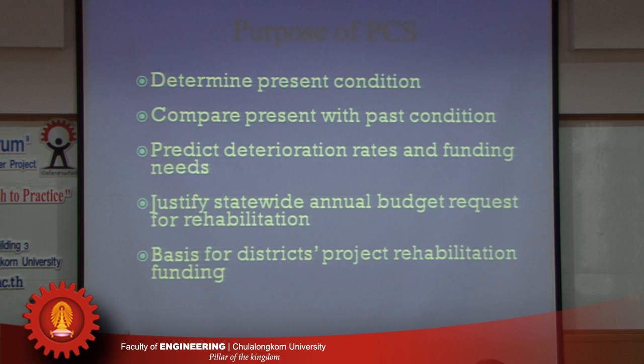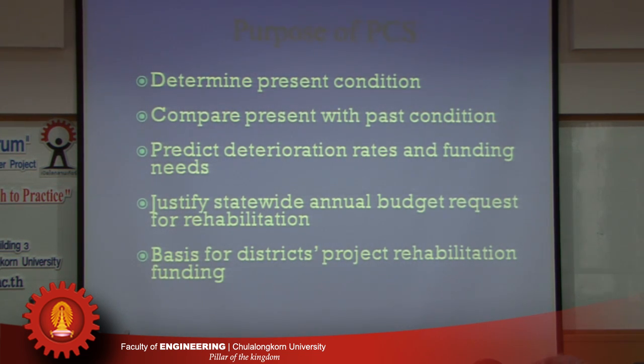The purpose of PCS is so that we know the present condition of the pavement, so that we can compare with past condition. We can use the information to predict deterioration rate. We know the condition from year to year. We can determine deterioration rate, and also justify annual budgets.